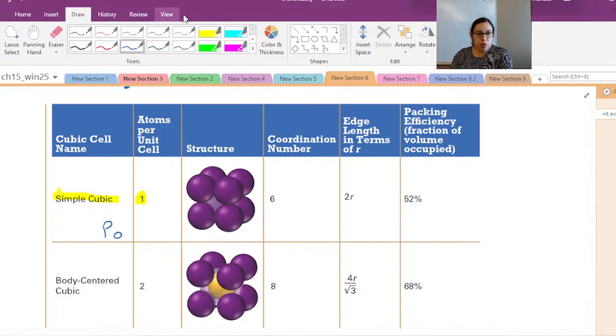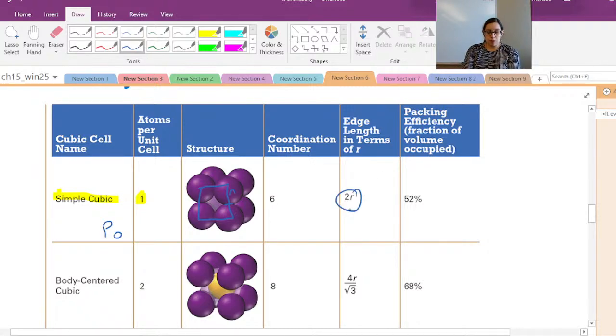And then if we were trying to calculate our edge length, hint, hint, for the future, we would see that for polonium, or whatever atom here, our edge length is 2 times the radius. So there's our radius. So that's the edge of our cube. So that helps.